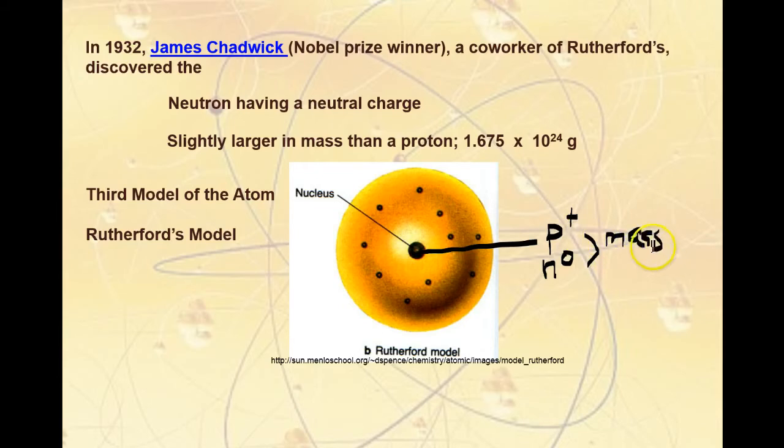Very small, very dense. Outside of the nucleus, you have this empty space, and within that empty space are the electrons, which we show as E with a negative charge. And the empty space is what gives us the volume, not the electrons, but the empty space.